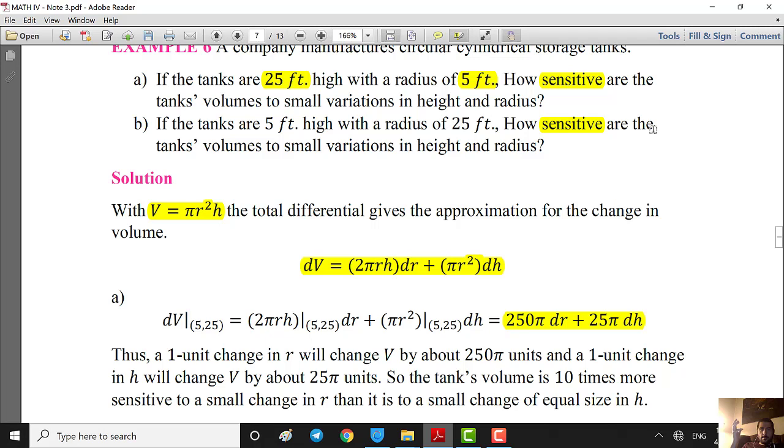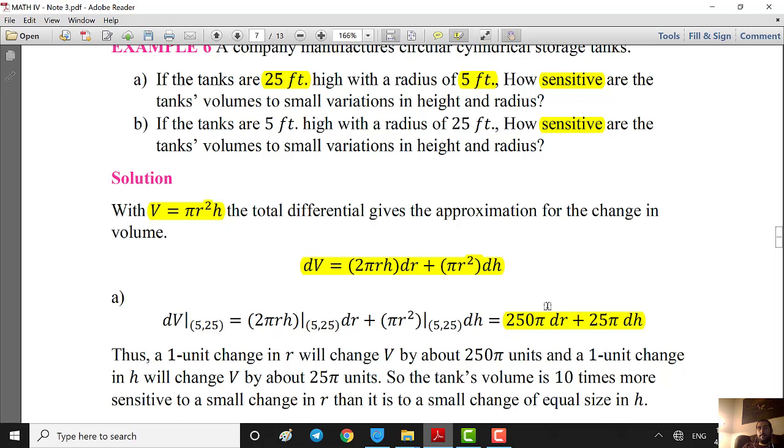In this example, you see that in part A, the volume of the tank is much more sensitive to R. So when we are building our tankers, we have to be very careful not to make a mistake in measuring and cutting the tank when it comes to the radius.